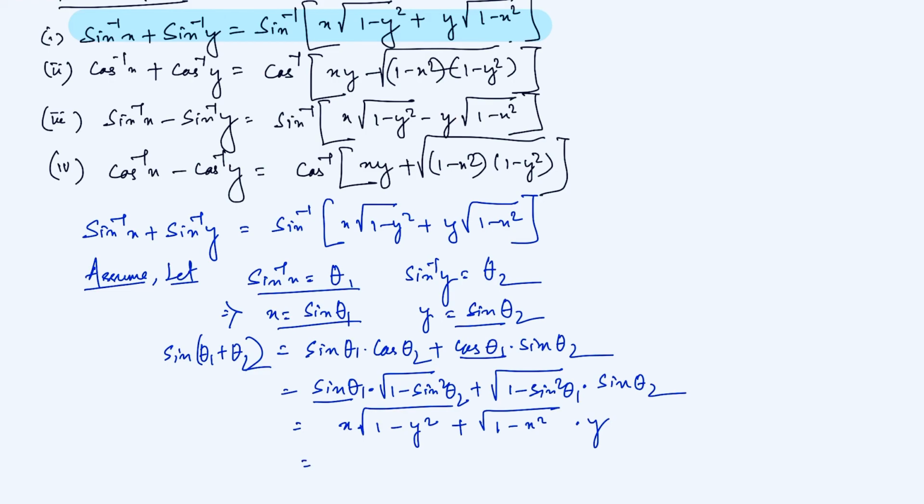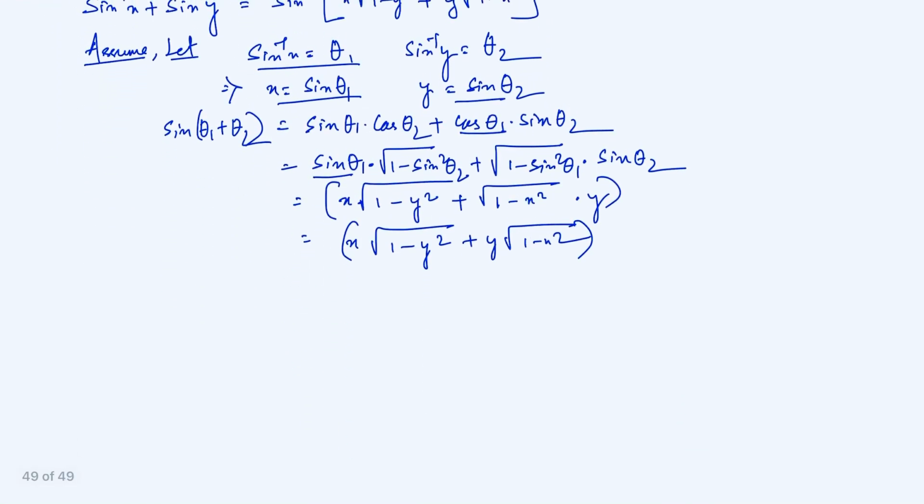So this one I can also write like this without loss of generality, plus y into square root of 1 minus x square. Okay, but you can see here sine of theta 1 plus theta 2. So theta 1 plus theta 2 is going to be sine inverse of x into square root of 1 minus y square plus y into square root of 1 minus x square.